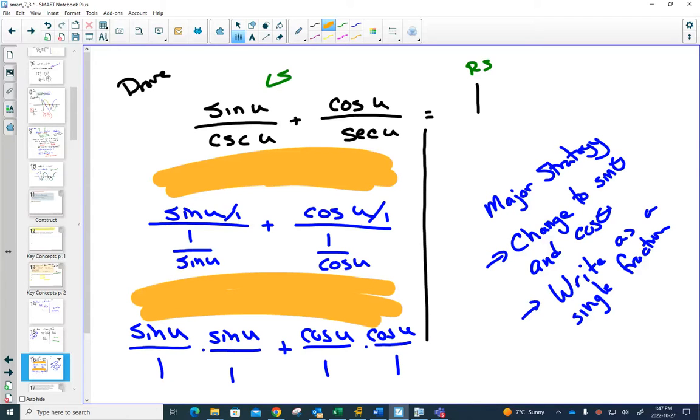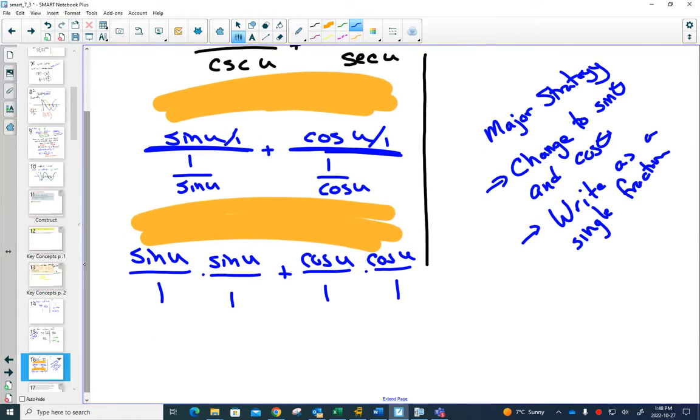Some of the other things that I do is when I have fractions inside of fractions, I try to make this fraction line longer and thicker than my other fraction line, because that was the middle of my main fraction. Okay.